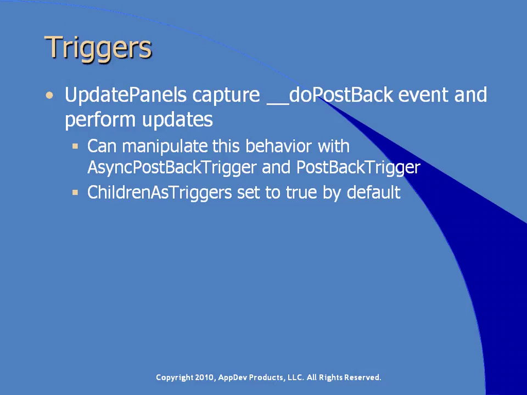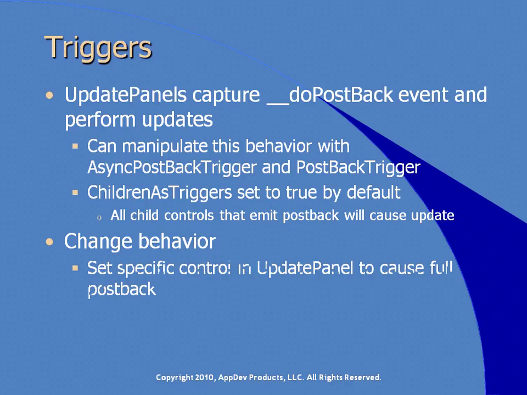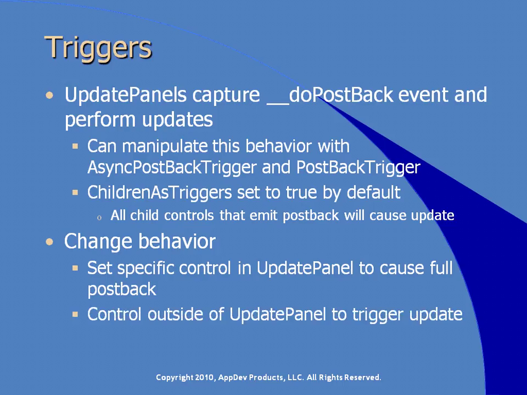A little earlier, I talked about the ChildrenAsTriggers property. This property is set to true by default, and all the child controls that emit a postback will work with AJAX partial page updates. But you may want to change this behavior in a couple scenarios. First is when you have a specific control to which you want to assign traditional postback functionality, and you can do that with a postback trigger.